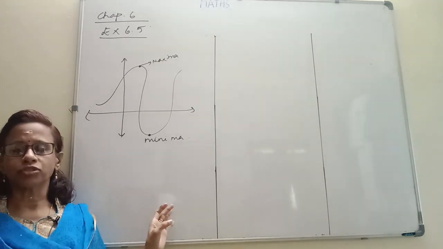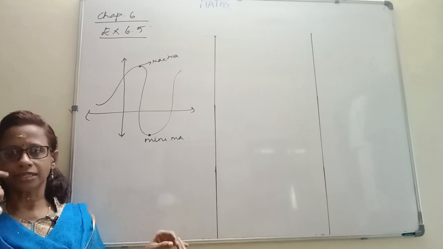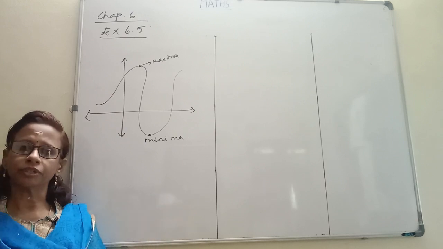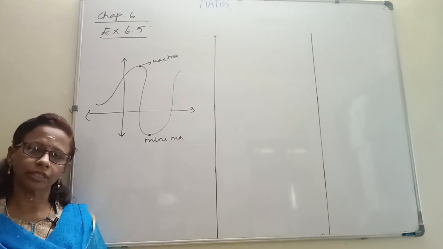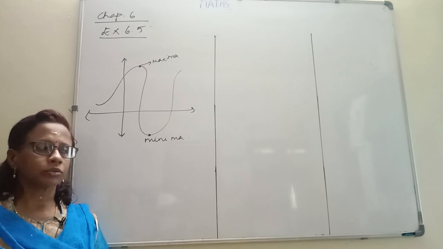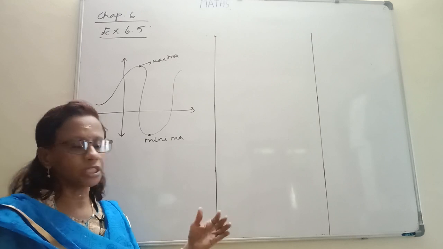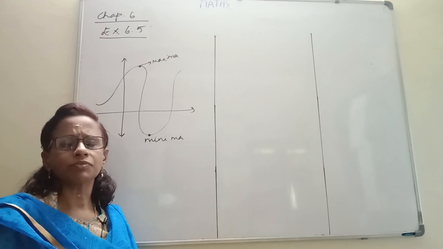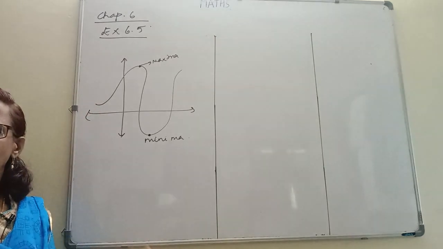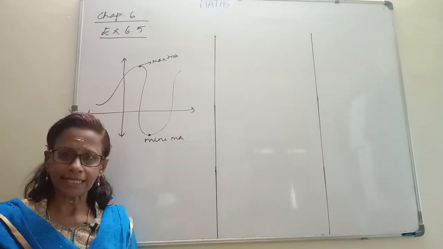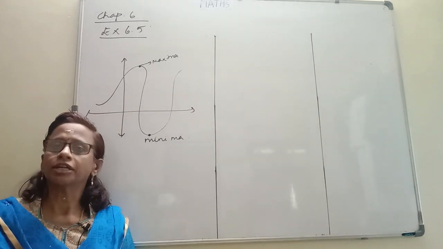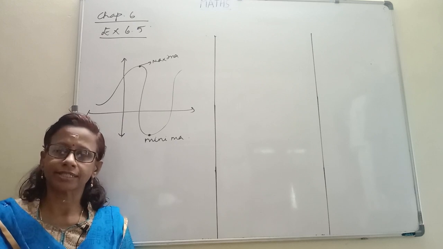Geometrically it is this, but plotting every time is not possible, so we go in for the algebraic tool and get whatever they ask us. Some problems will ask for the maxima or minima point, that is x, and the function value, that is f of that x.